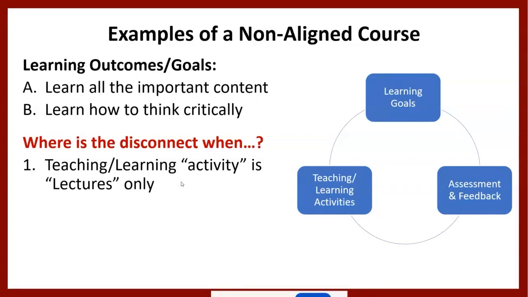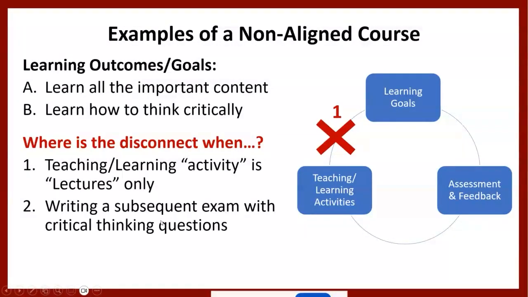Where is that disconnect? Yes, exactly, between activities and goals. If you're just doing lectures, when you said that you wanted them to learn how to think critically, the activities that they're doing are not promoting that type of learning. What you're doing is not promoting the actual goal that you had.